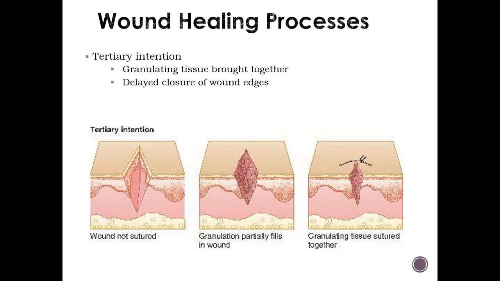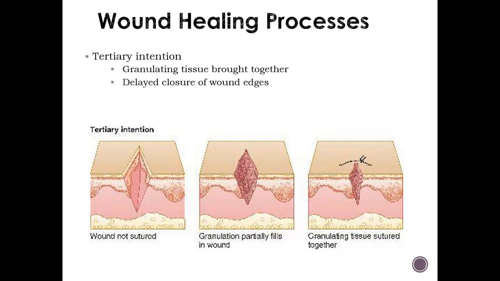So we have our open wound, we allow the granulation to occur, and then we pull those two big beefy red granulation areas together. Initially, the wound is allowed to heal by that secondary intention, and then when there's no evidence of edema, infection, or foreign matter, the wound edges are brought together, and then they're sutured on that surface.